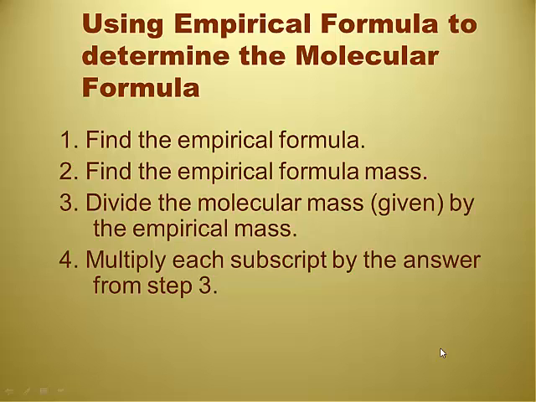The whole reason you do step 3 is you're comparing how heavy the actual molecule is to the empirical formula. It's the ratio. If the molecular mass is twice the empirical mass, you multiply everything by 2. If it's 3 times, the molecular formula is 3 times the empirical. That's logical, right? This is a snap.